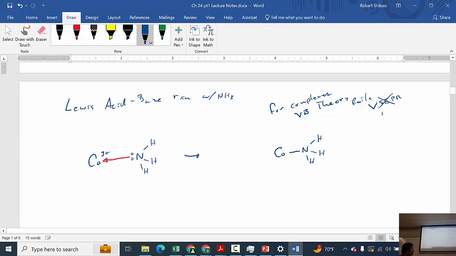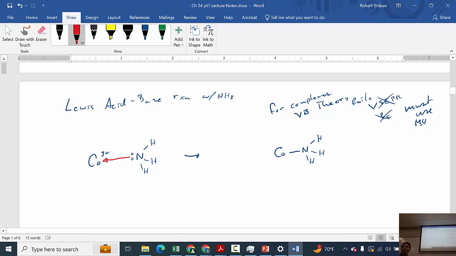And so we don't use VSEPR. And formal charges we don't count in the same way. We have to use MO theory for complexes. And so we don't think of this in the normal way.